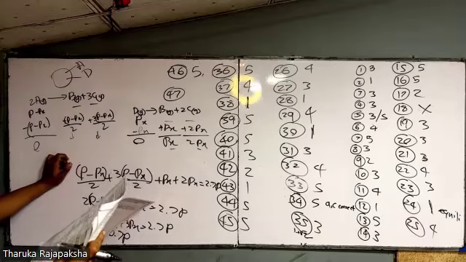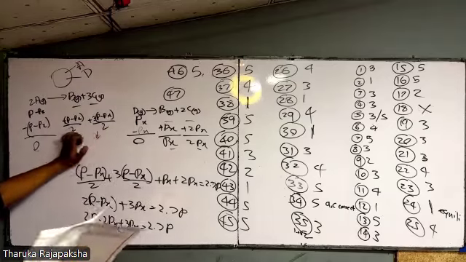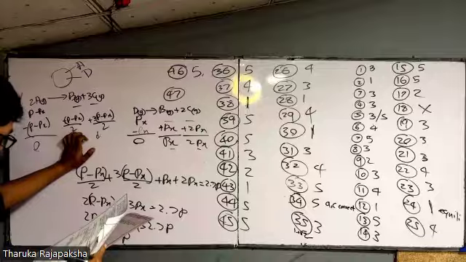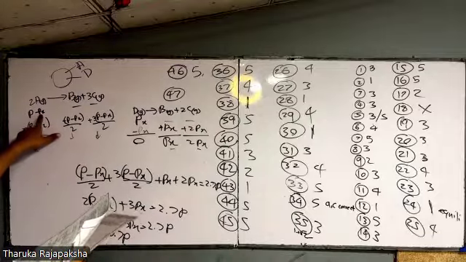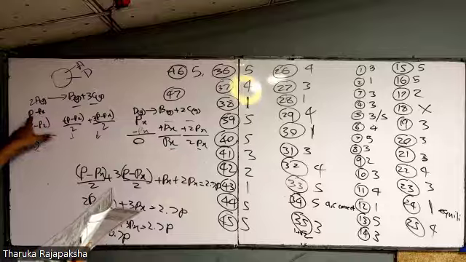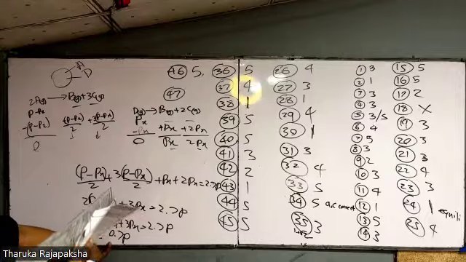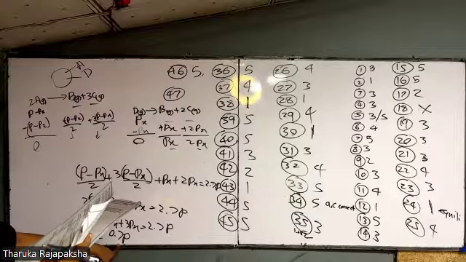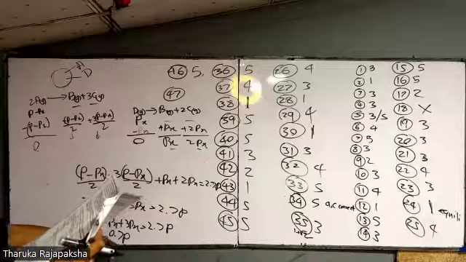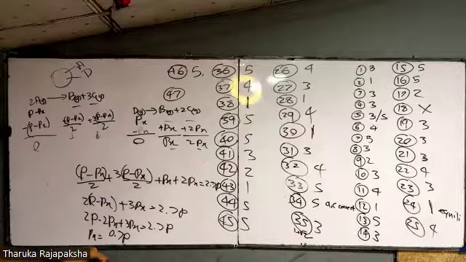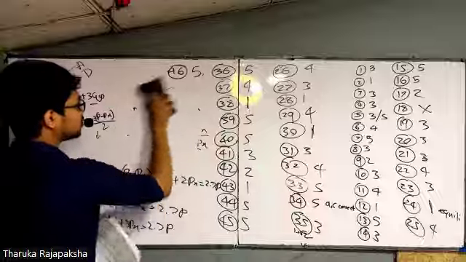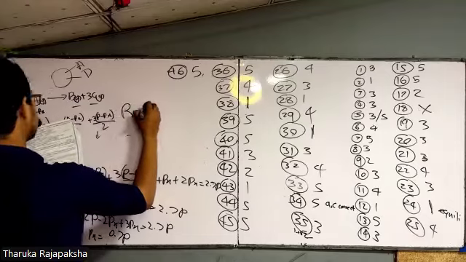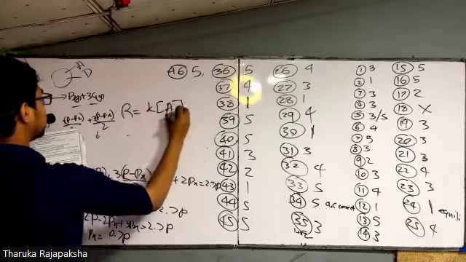Here, instead of concentration, I have assumed pressures. So we can write 0.7P. Now what is the pressure here? P minus Px. What is the initial pressure? 2.7. 2.7 minus 0.7 is 2. Rate R equals K times concentration of A squared.